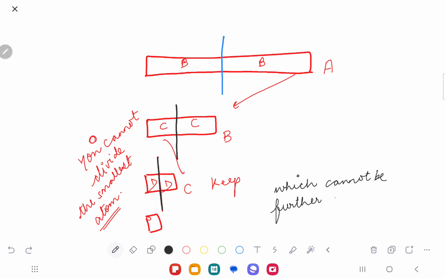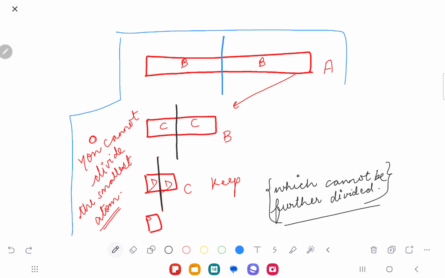Correct, which cannot be further divided. You understand? So this is an atom. Are you understanding my point? So this is the concept. Any doubts in this?